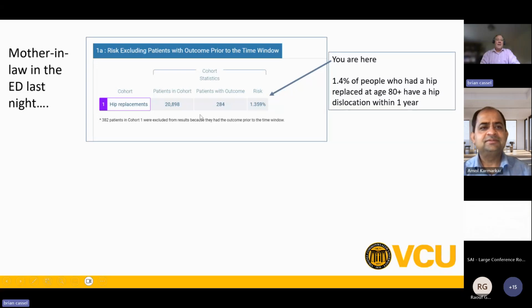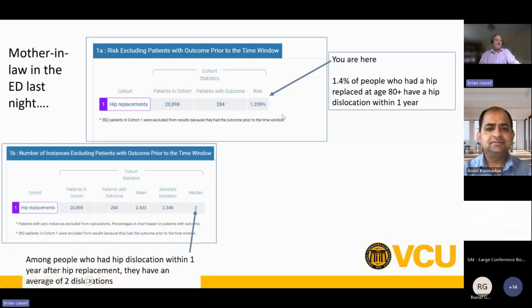So I ran a quick query for her and a quick single cohort outcome. It's just a real quick and dirty thing to demonstrate to her, of the 21,000 people who are 80 years or older who had a hip replacement, the risk of having a hip dislocation within 1 year is 1.4%.